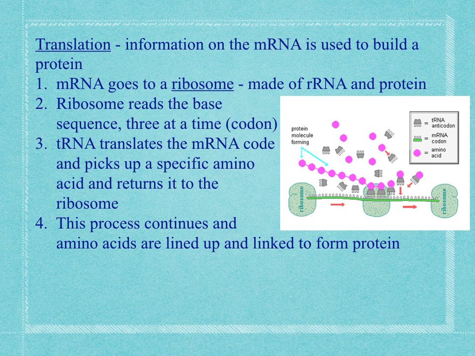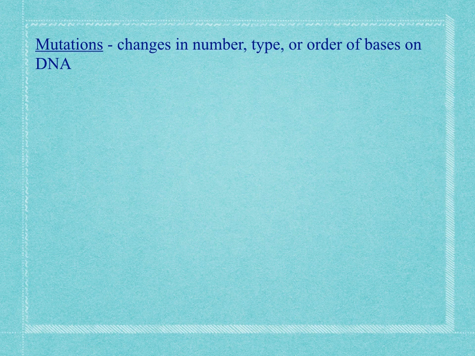Now, these processes sound pretty simple and straightforward and easy when we talk about them here. Obviously, we've simplified them way down for you guys because you're just 7th graders. But sometimes we make mistakes. And so when there's a mistake that gets made, that's called a mutation.